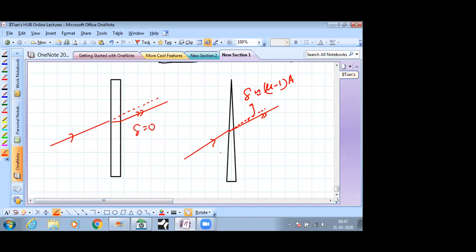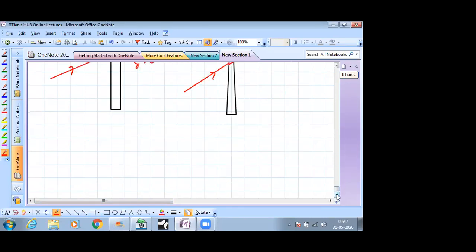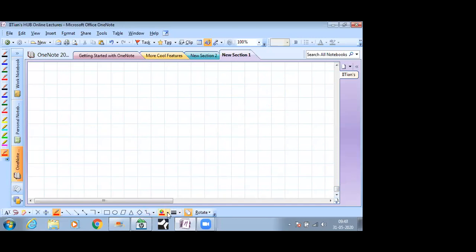So that's the logic of understanding why there is very minimal deviation. Okay. Right. So that is all about prisms. So that actually completes everything that we need to know for JEE Advanced type of problems.